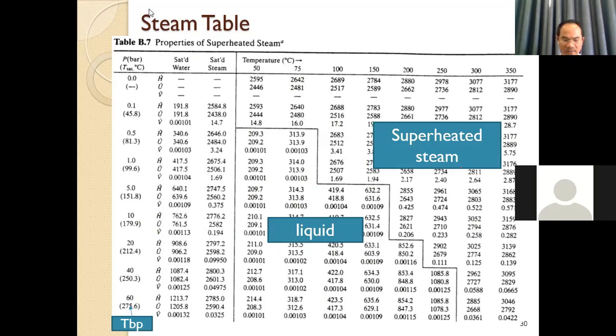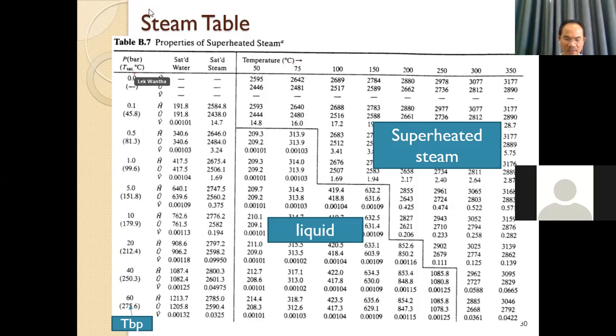For example, at 0.5 bar and temperature 75, it is still liquid, but if the temperature is greater than about 75, it is superheated. At 10, if the temperature is greater than 150, it's superheated. Lower than 150, it's saturated liquid or saturated vapor.